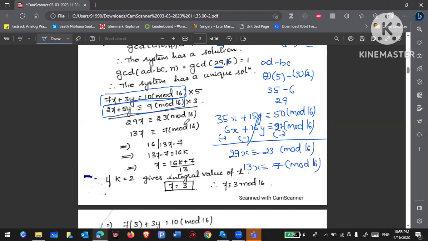So 13x congruent to 7 mod 16. Now, as usual, we find the value of x such that this congruence is true. Either you can take multiples of 7 and multiples of 16, or substitute k equal to 2, which gives x is equal to 3. Previously we have already solved this, so work on that. So we get x is equal to 3.